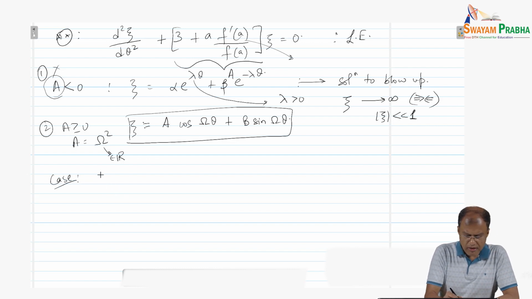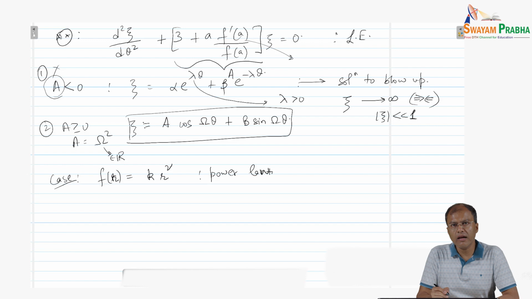So let us say my f of r is k r to the power nu. So this is a power law. By the way, most of the central fields, including the inverse square fields, also fall under the category of power law. So power law is a more general form.